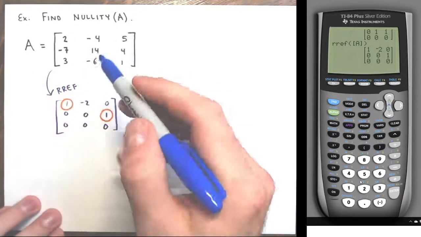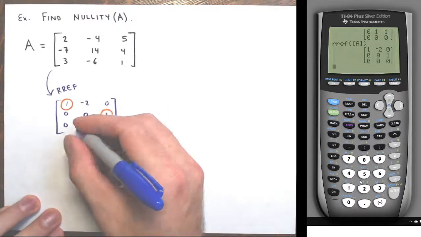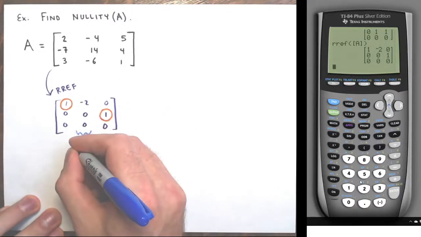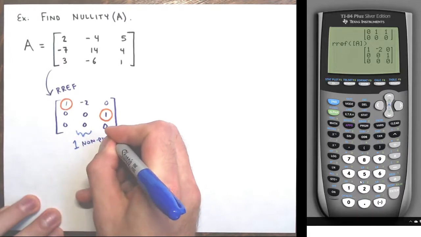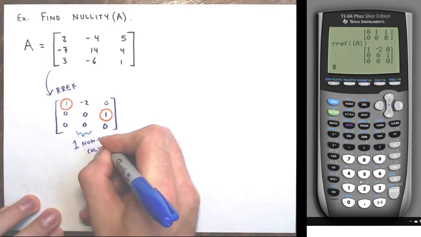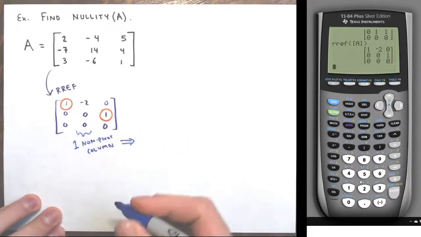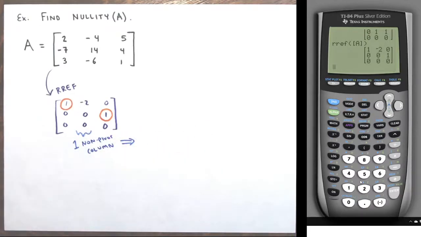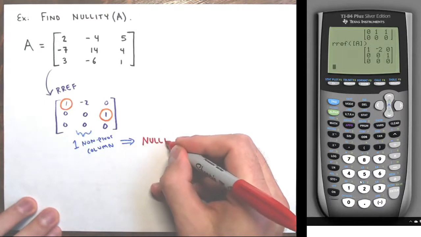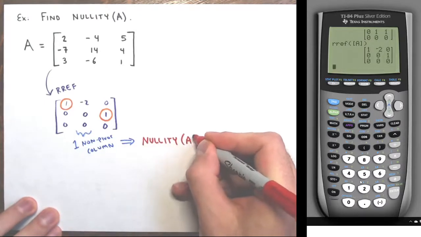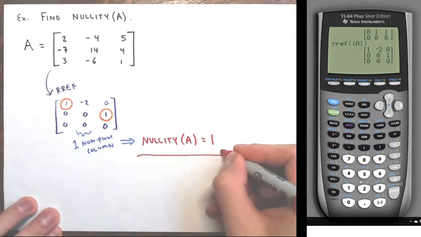When I'm asked for the nullity of A, I'm looking for the non-pivot columns. There is one non-pivot column. So the nullity of this matrix, the dimension of the null space of this matrix, the nullity of A is 1. And I'm done.